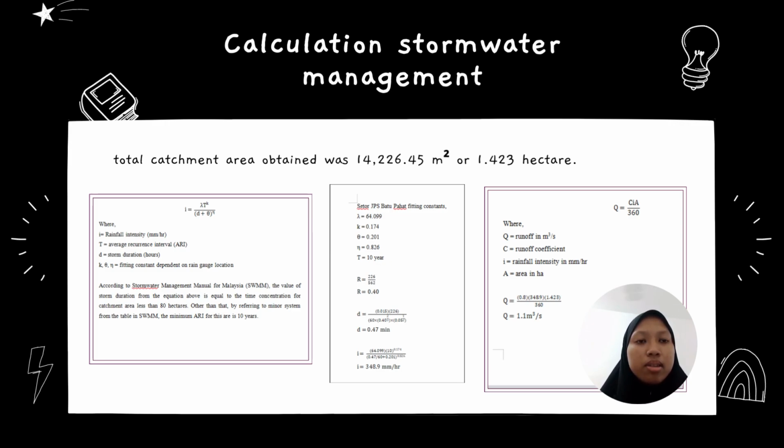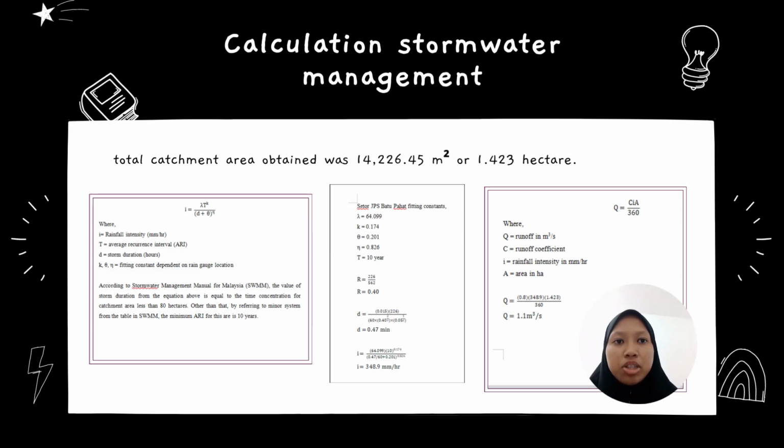Next, calculate average rainfall intensity for design ARI of Y years and duration T equal to the time of concentration from IDF data for the selected area. Next, estimate runoff coefficient, C, values for each segment if there are different land covers. Next is to calculate average runoff. And lastly, calculate the peak flow rate for the selected area.